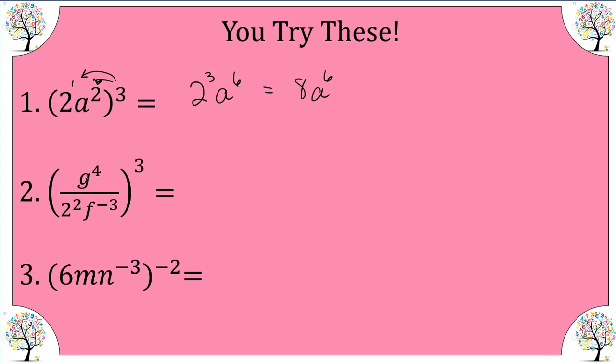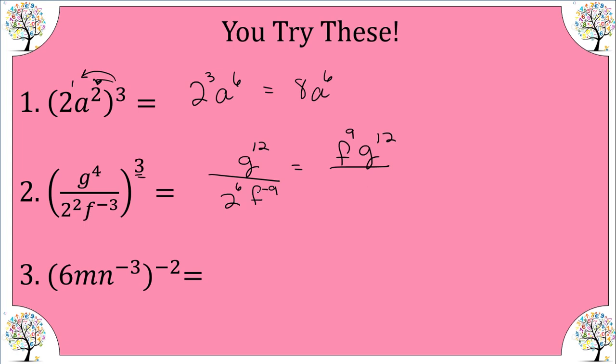Here we have 1, 2, 3 factors. So every exponent is getting, again, multiplied by a 3. So we have g to the 12th over 2 to the 6th times f to the negative 9. F to the 9 comes to the top, and then we have g to the 12th.